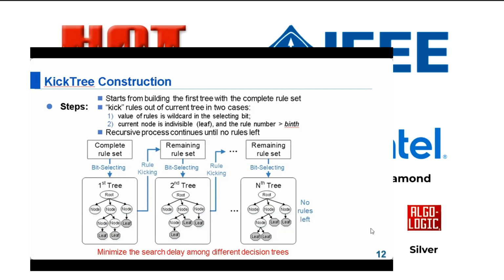By minimizing the search delay among different decision trees, this even feature can improve the overall search speed, thereby preventing the so-called bottleneck effect.